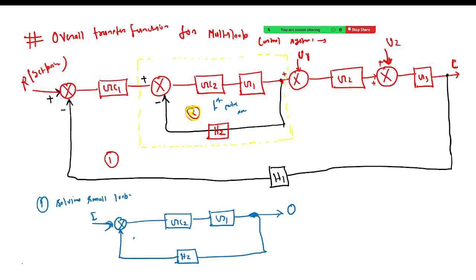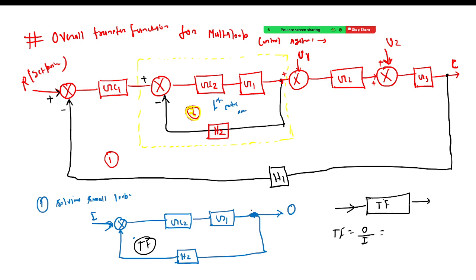So I am very much interested in knowing the transfer function of this small loop. If I get it, I'll directly replace the small loop with that transfer function. So that transfer function over here is output by input.